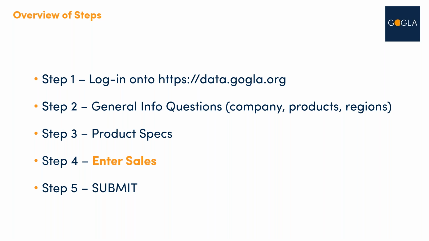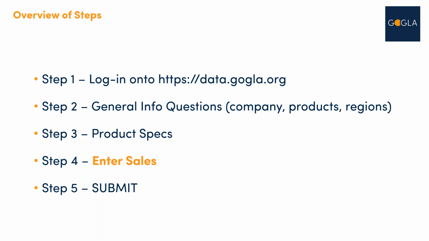When the round starts, we send you an email, and that email contains your login details. So you ensure that you have your login details and that you log into the platform on this link here. Then if you are a new company to the exercise, you will have to answer some general information questions on the company, on your products, and on the regions that you're active in.